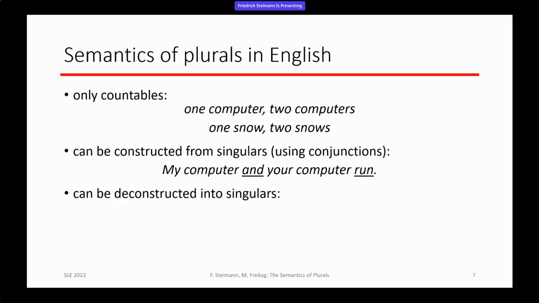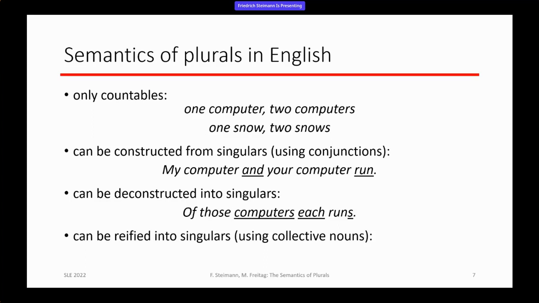We can also deconstruct plurals into singulars. And for this, we use a construction like this one: of those computers, each runs, which may remind you of a for loop in a programming language. Computers is many, and then each is singular, is one. And as you can see by the number of the verb, runs is singular, so each must be a singular.